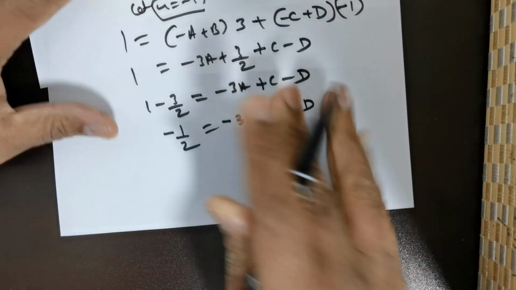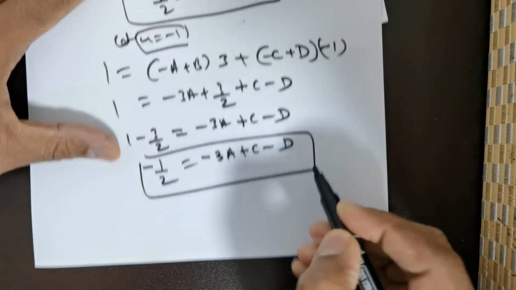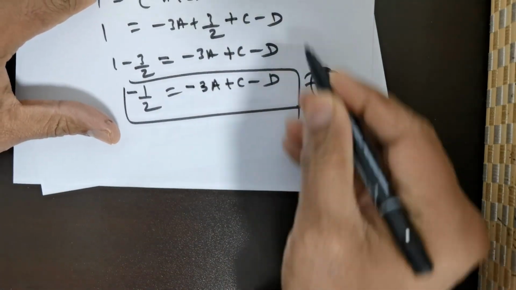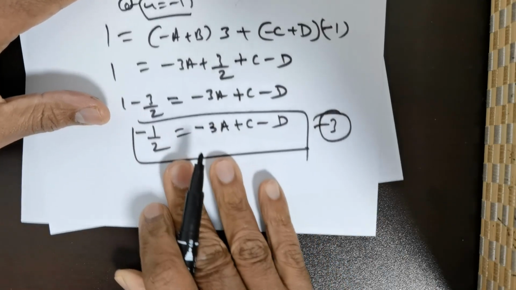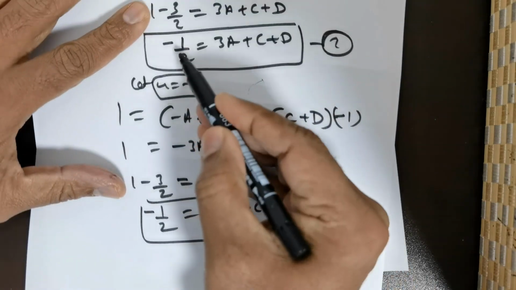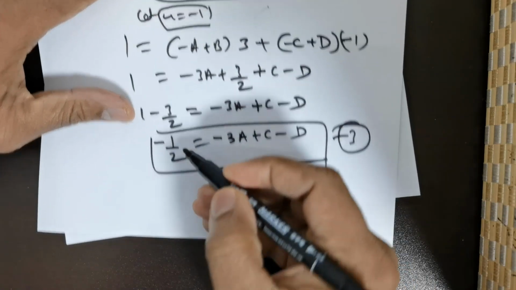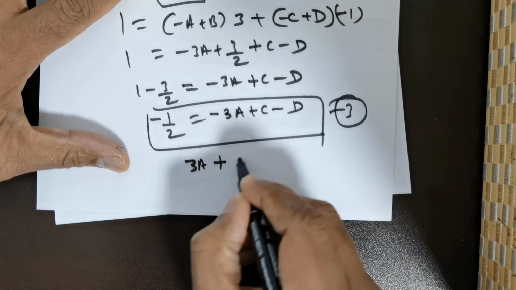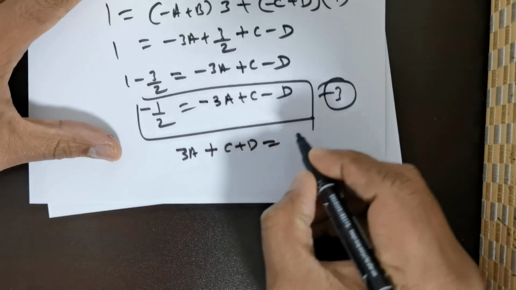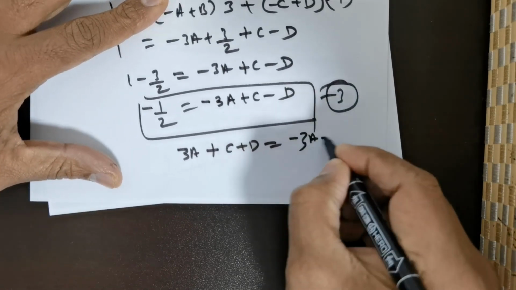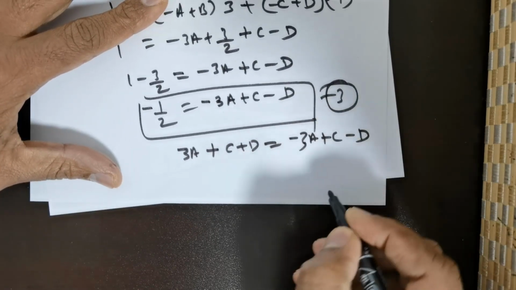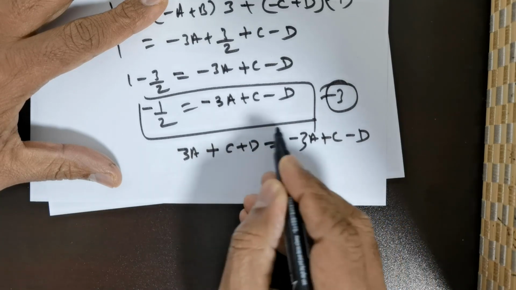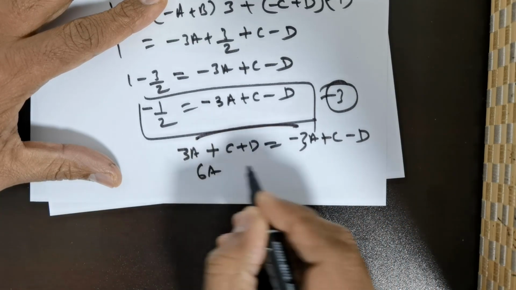Now I can actually equate these two equations, right? If I were to take this as 2 and take this as 3, and equate them, what do I get? You've got a negative 1 over 2, you have a negative 1 over 2. So I can clearly rewrite here 3a positive c positive d is equal to negative 3a positive c negative d. Now if I were to move, I get 6a.